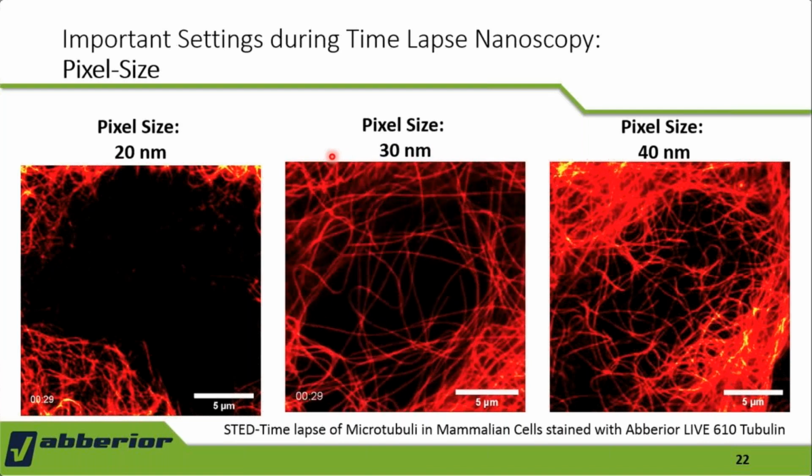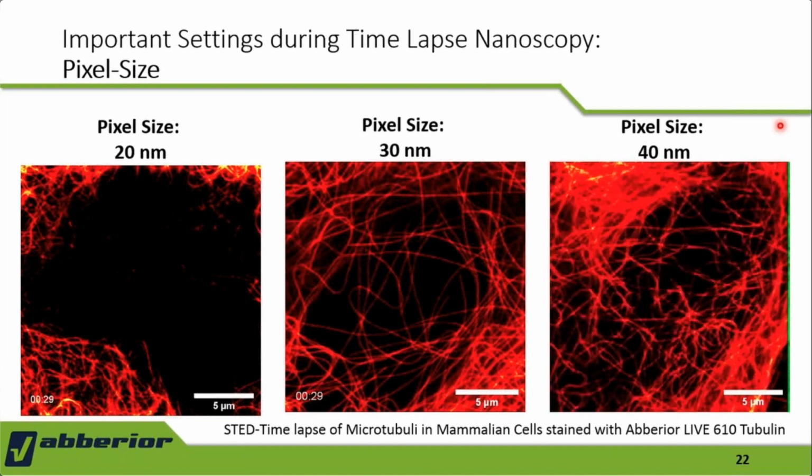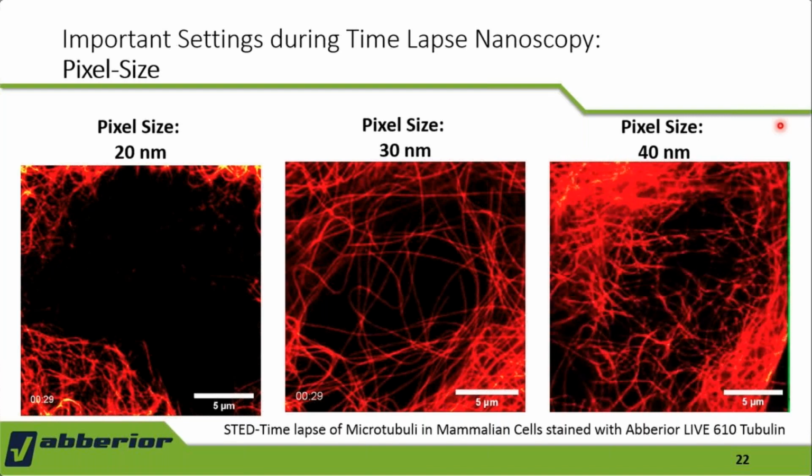There is a little bit of bleaching for sure, but the structures are fine and the cells are alive. And with 40 nanometer pixel size, the quality of your image is rather bad, but the cells are healthy, the structures are good, and we do not see any bleaching.